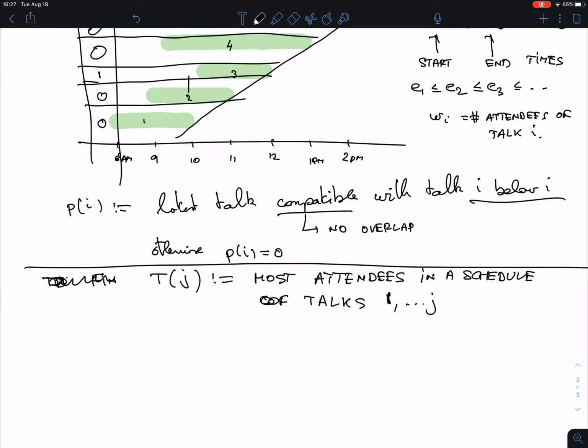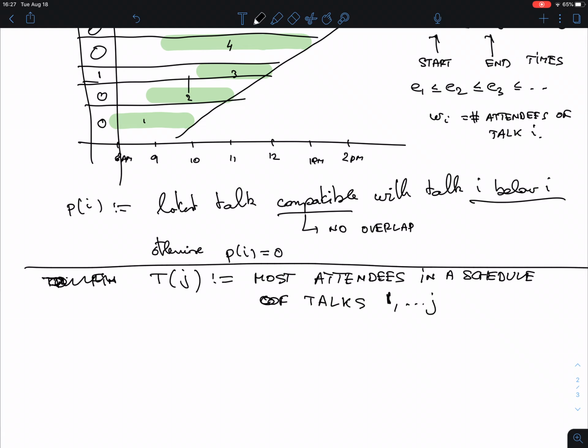So we're going to do the first j many and see what's our best optimal schedule that we can get with the first j many. That's what T_j will be. T_j will calculate how much it is, and eventually the algorithm will tell us what we want is T of n, because that will be the most attendees in the schedule of talks 1 up to n, in other words, all talks. So T_n is what we want.